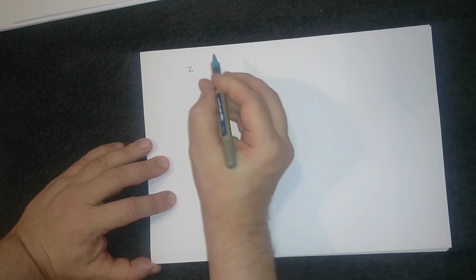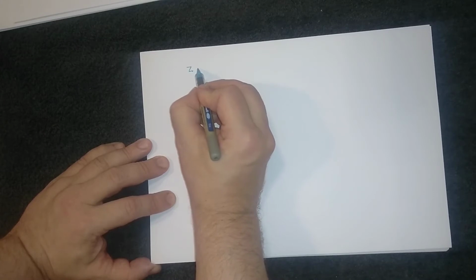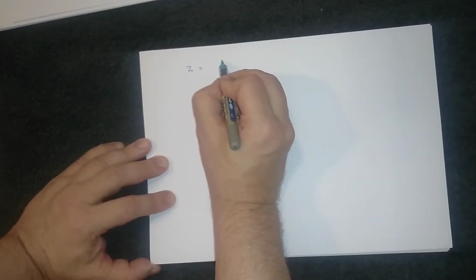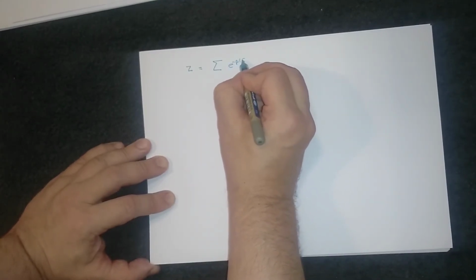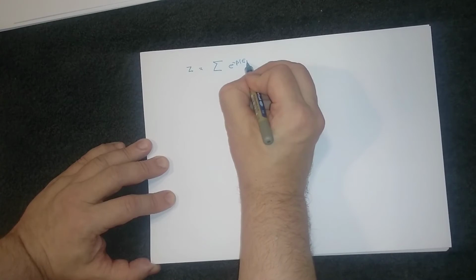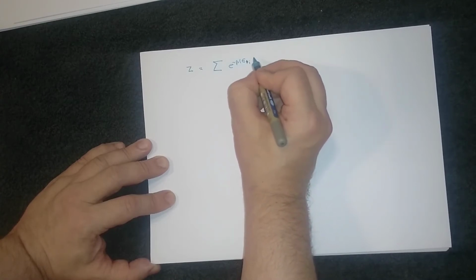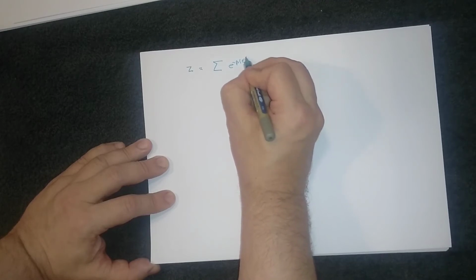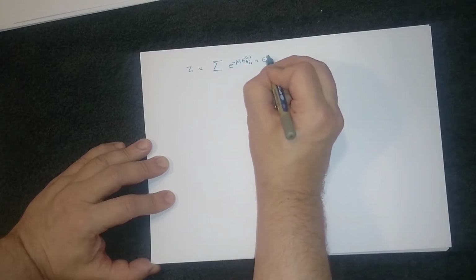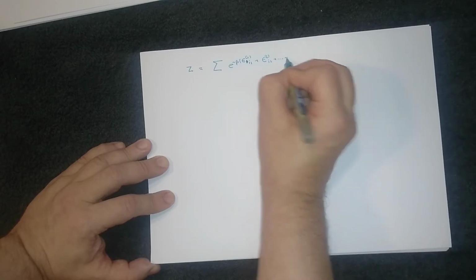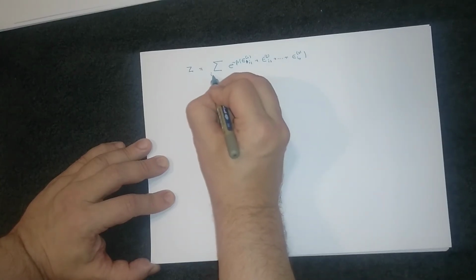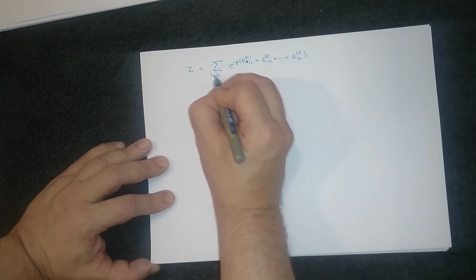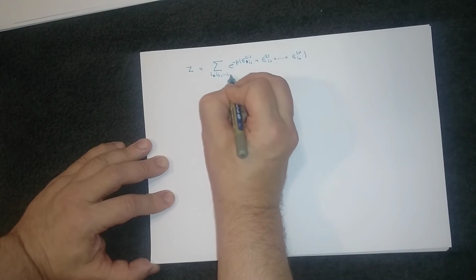If we have many particles, then the partition function would be the sum of e to the minus beta (e1 i1 plus e2 i2 plus dot dot dot plus ek ik) over i1, i2 up to ik.